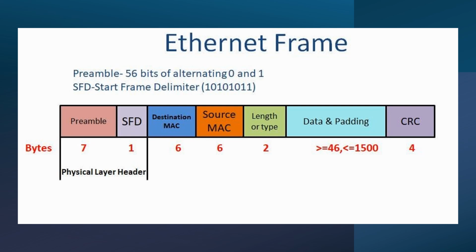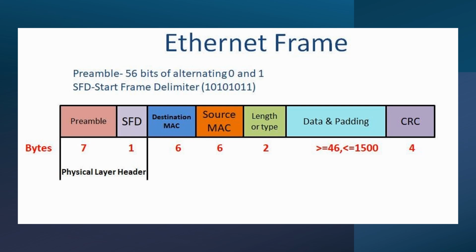In Ethernet 2, there is type, and in IEEE 802.3, there is length. After that, there is the data component, where the actual data is embedded.